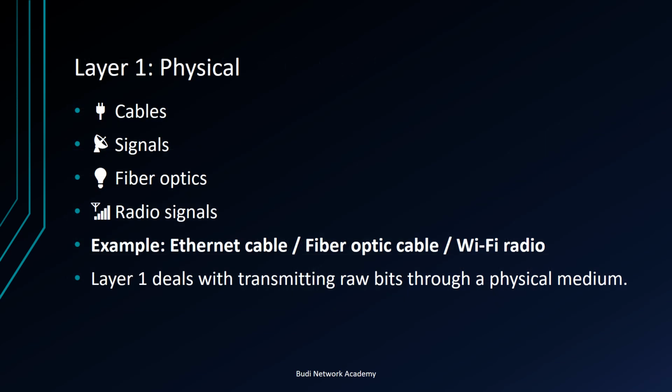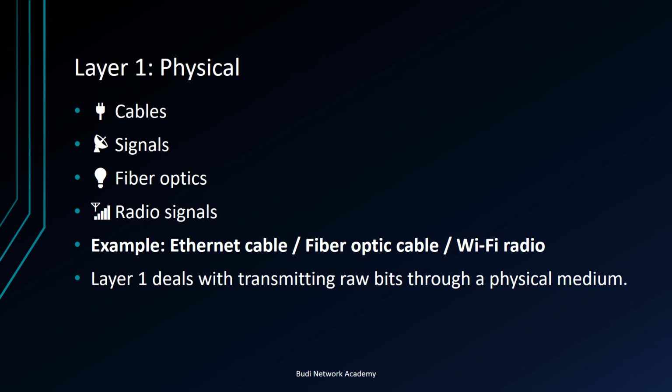Let's start with layer 1, the physical layer. As the name suggests, this layer deals with the physical transmission of data. It includes things such as Ethernet cables, fiber optic cables, connectors, electrical signals, light signals, and radio signals.